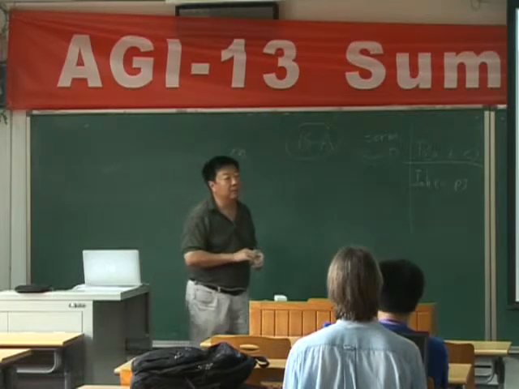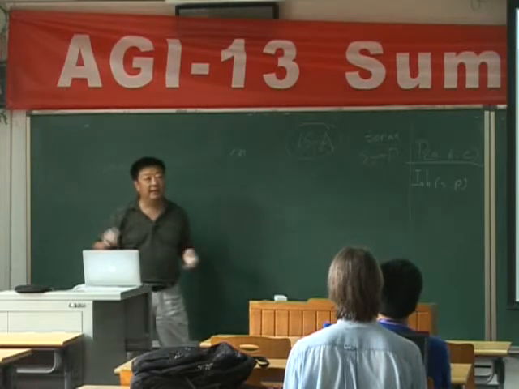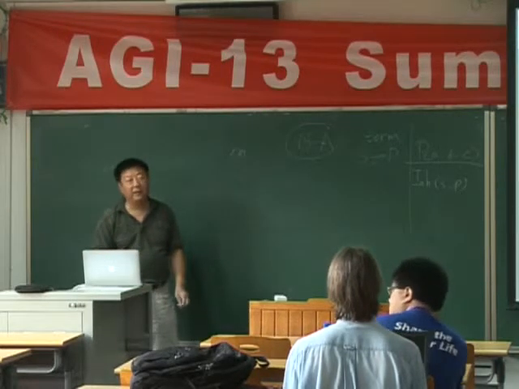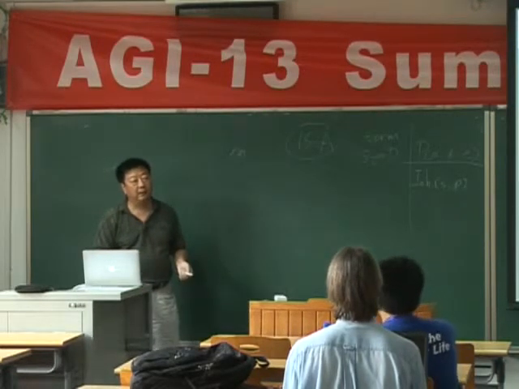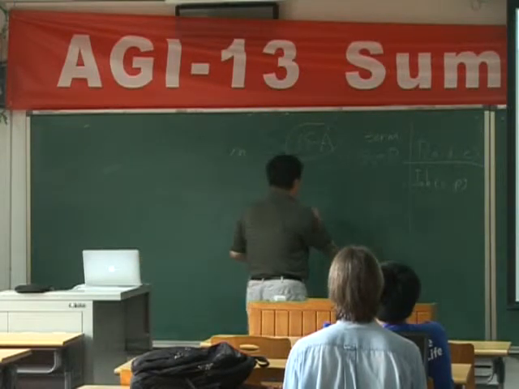Actually, no surprise, the answer has been there all the time. I'm surprised many people haven't seen that. Once again, it's in set theory. In set theory, how to represent this?